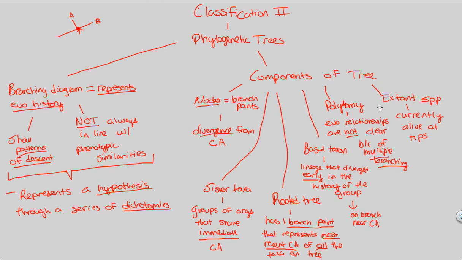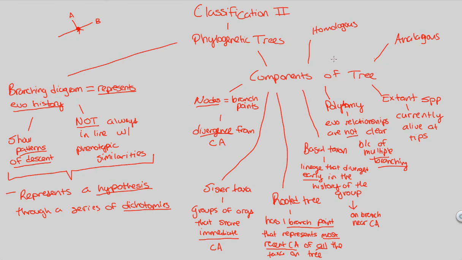Finally, the last two major components of a tree, mainly description components that are very important to understand, and I briefly mentioned them before, are the idea of something being homologous versus, of course, the idea of something being analogous. And both of these things can be represented and seen on a phylogenetic tree.